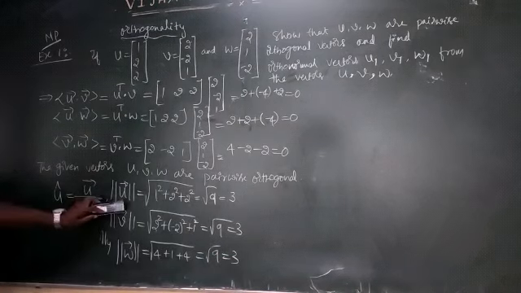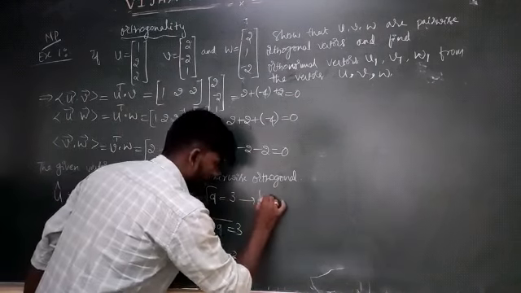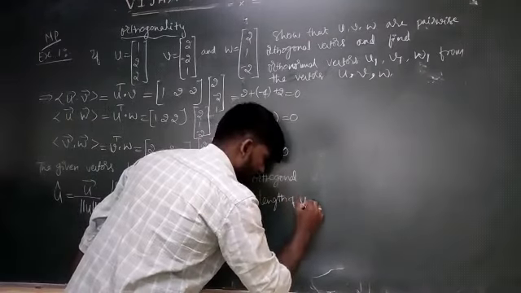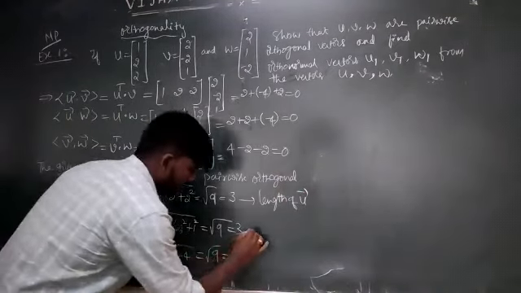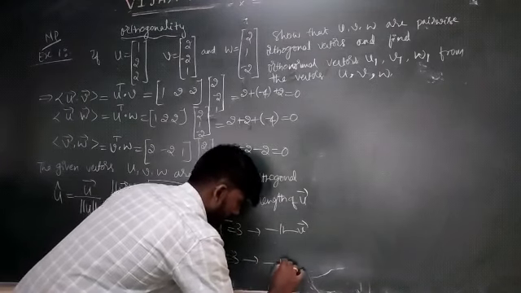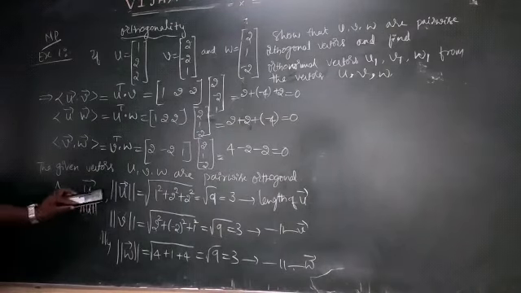Therefore, the length of vector u is 3, the length of vector v is 3, and the length of vector w is 3. The norm is nothing but the length.